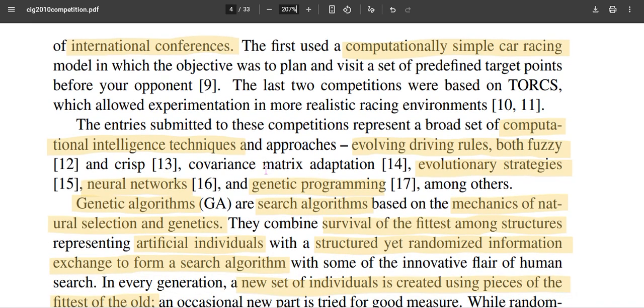Again, what we described earlier is that computational intelligence algorithms are being developed and have to be tested, and one of the test beds is becoming car racing games.